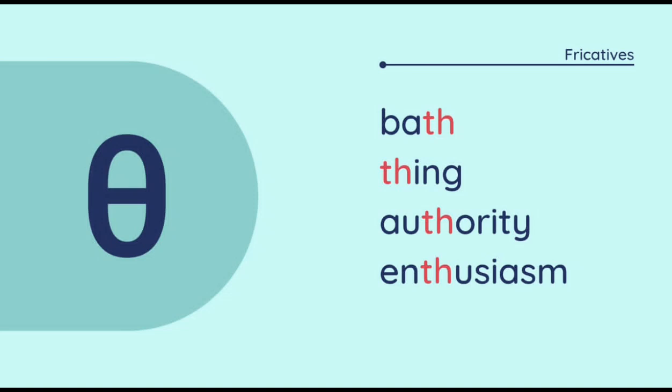Bath. So it is wrong for you to say baths. No. Remember, TH. The TH there sounds th. So bath, thin, authority, enthusiasm. So those are the examples of words under the speech sound.